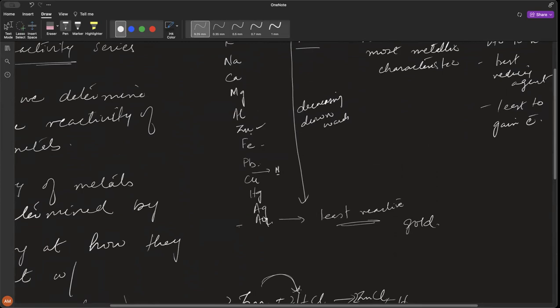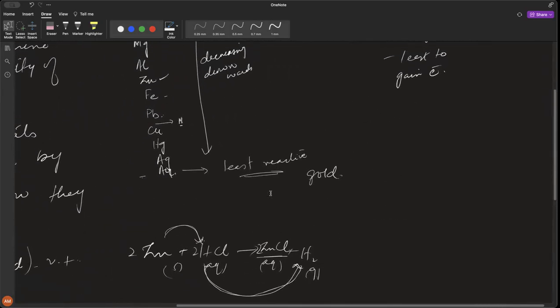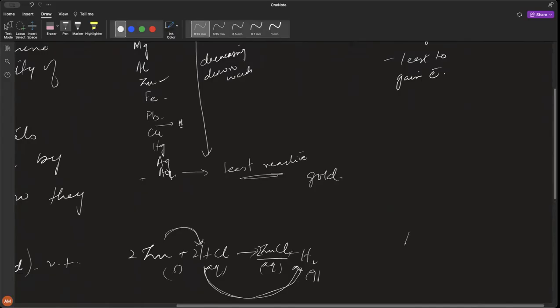So that is why zinc is actually able to remove hydrogen from its solution. Even though hydrogen is not a metal, we're just discussing it. But if you look at Ag, Ag will not be able to react with acid. Why? Because it is lower in reactivity than hydrogen. It is less reactive than hydrogen. Only more reactive metals can displace the less reactive metals in a solution.